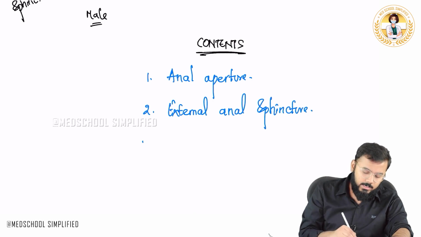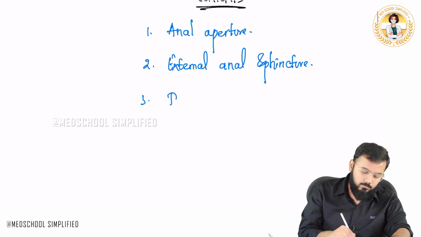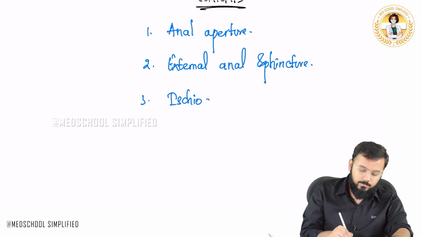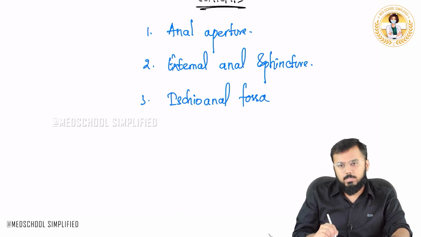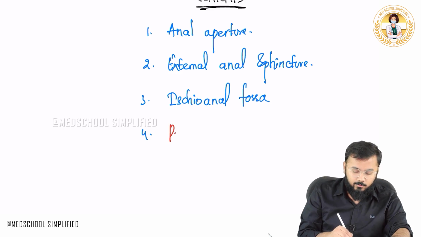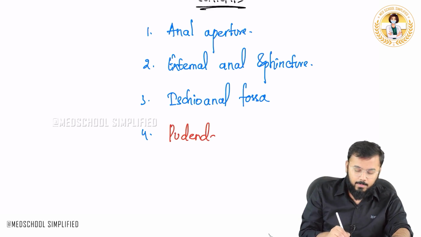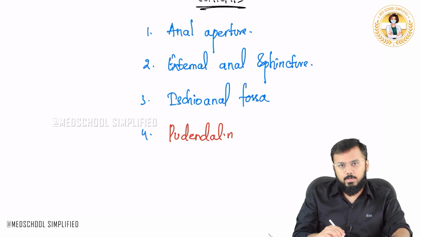Third is the ischioanal fossa. And the fourth most important thing is the pudendal nerve, which runs in between over here. So these are the four important things you can see.